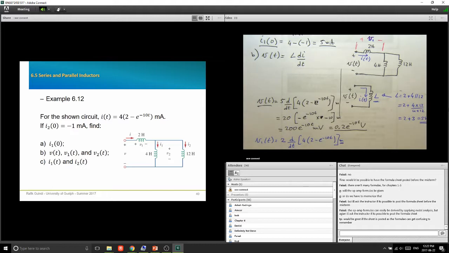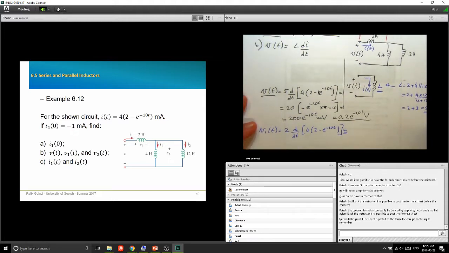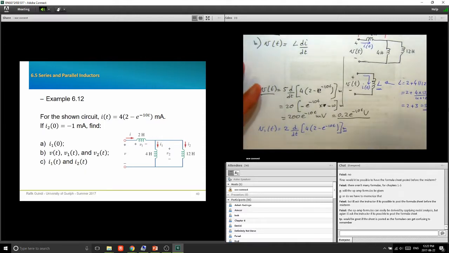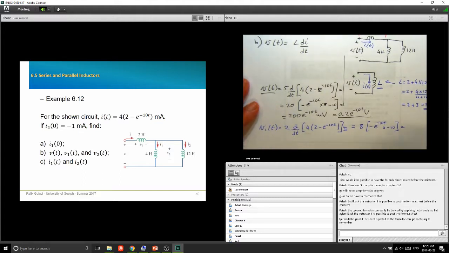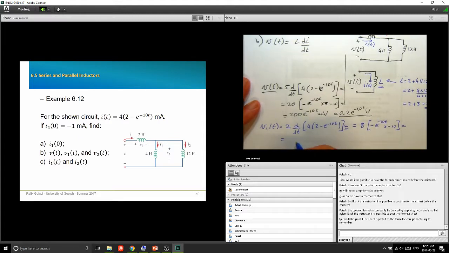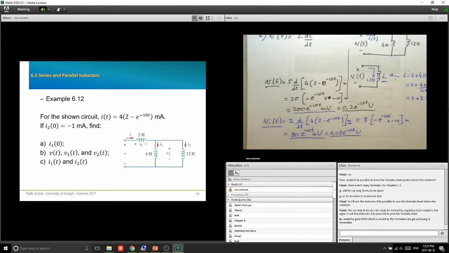So you can do that to find V1 of t. So I got V1 of t.